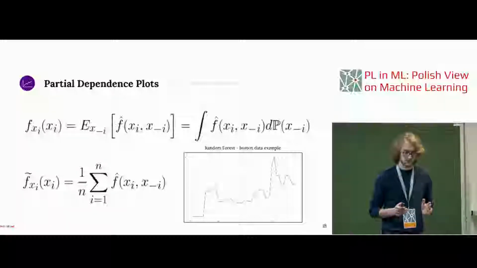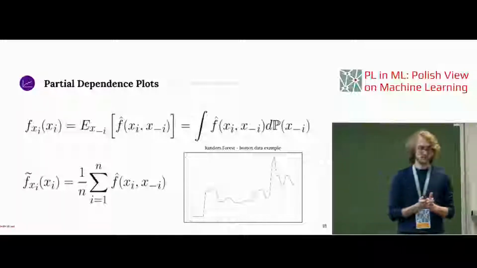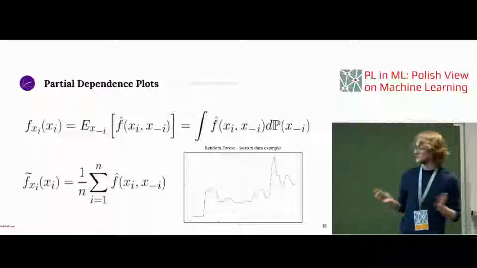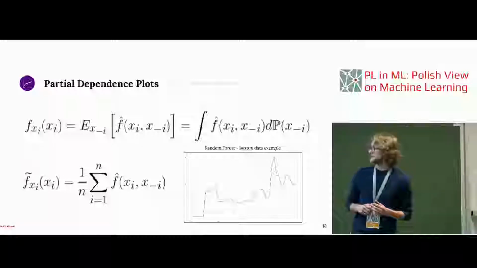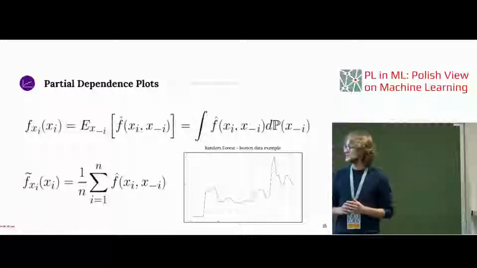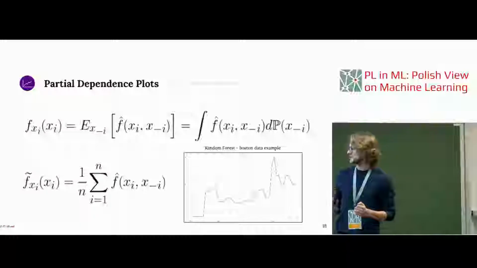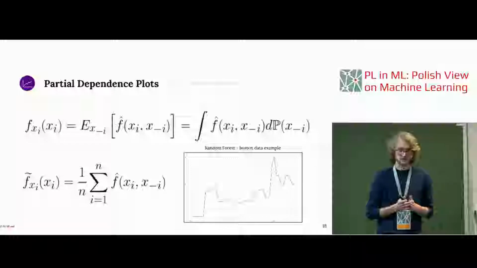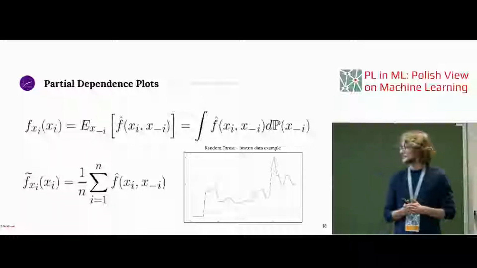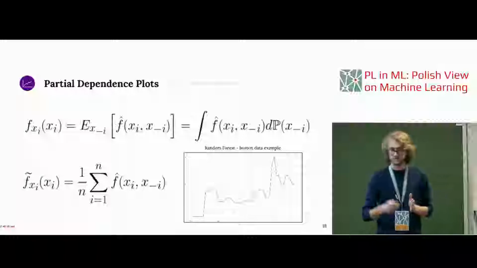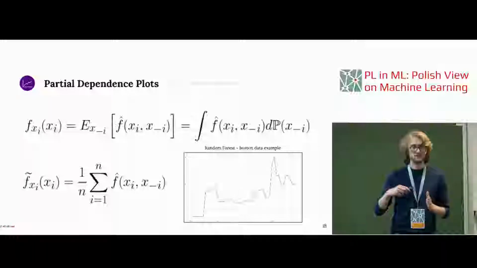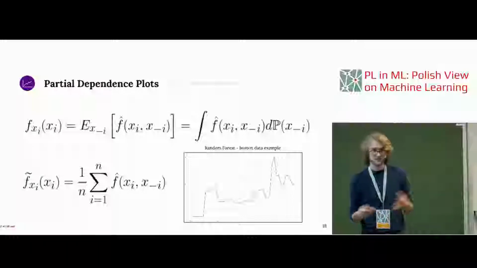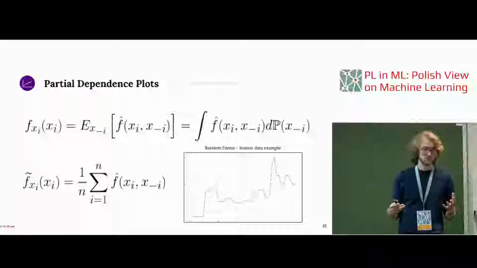It is constructed just like that: we freeze the value. For example, we want to count the PDP for the x1 variable with the value of 17.5. So we freeze that value in the training set, and after that we treat the new data set as the new data that we use to perform predictions.